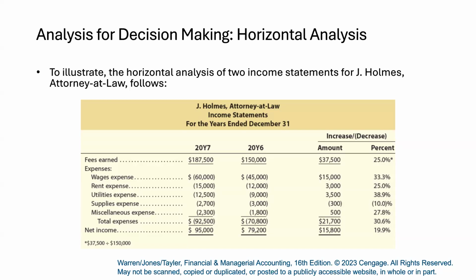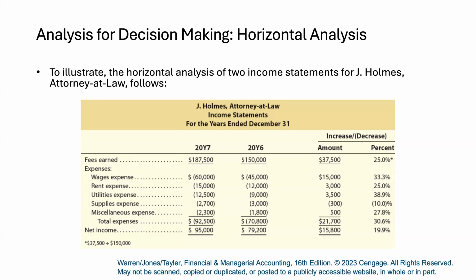We find the amount of the increase or decrease and the percent of the increase or decrease. We do that by taking the newer year minus the older year. So that shows that we went up 37,500 from 2016 to 2017. Here's 60 minus 45, $15,000. And then to find the percentage, we just take the amount of the change divided by the older year. That'll show us the percent change.